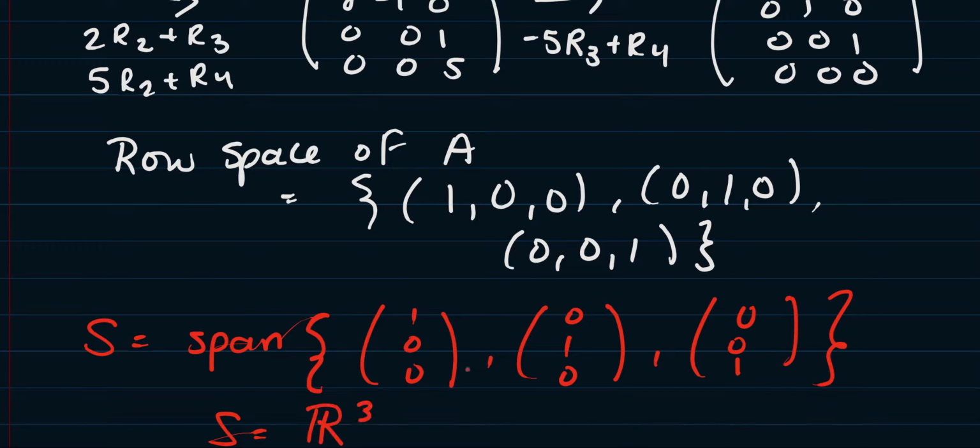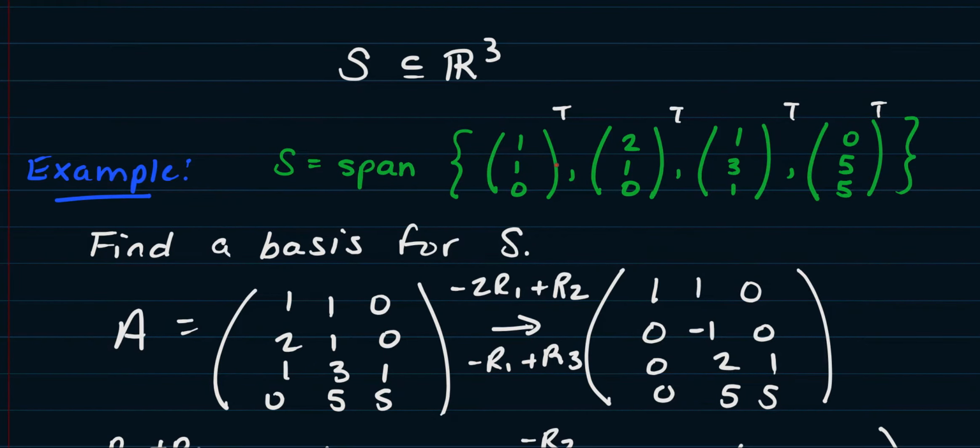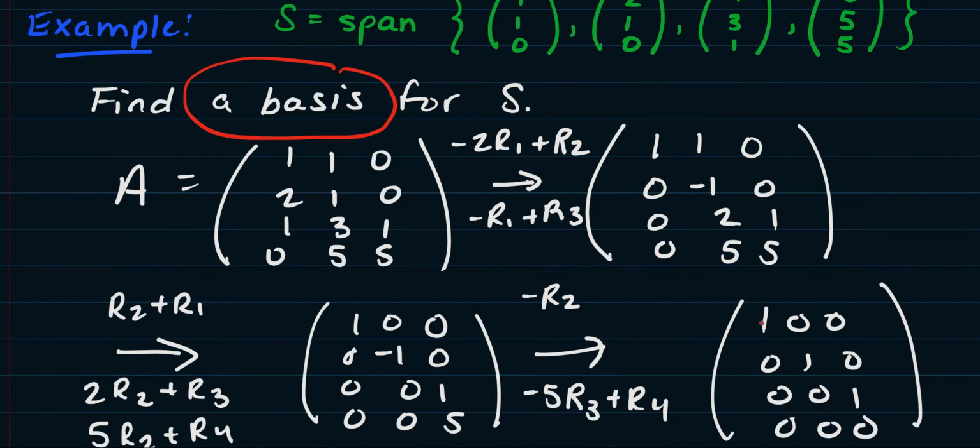You can get all of the vectors in S. All of those vectors are in R3, and all the vectors in R3 are in S. I didn't ask you to use these actual vectors to find a basis. I just asked you to find a basis. So by putting all these vectors as rows, we manipulated them and we found an easier basis to work with, which happens to be the standard basis for R3.